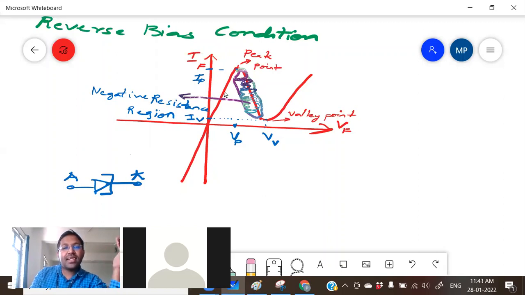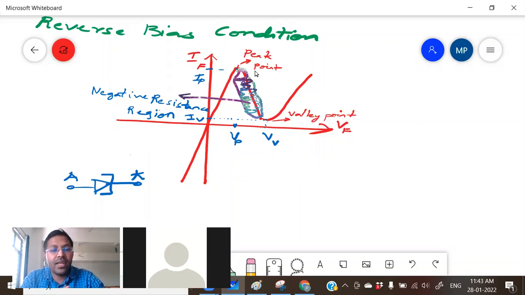You give a small trigger, then you can shift the voltage here and it will maintain that state. Another trigger, and so because of that, it is used in logic switching. And the negative resistance is primarily used in oscillations, so it is also used as an oscillator.